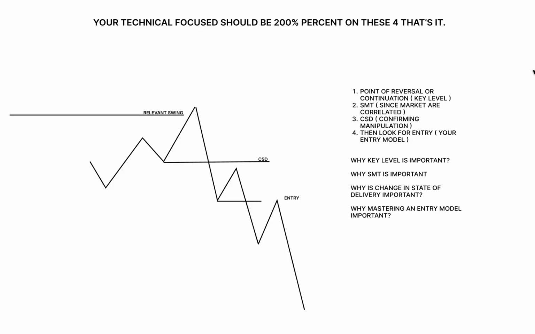The number one concept that you must master is your key level. You need to know to the T exactly where that key level should be, where the daily time frame is going, your narrative framework.